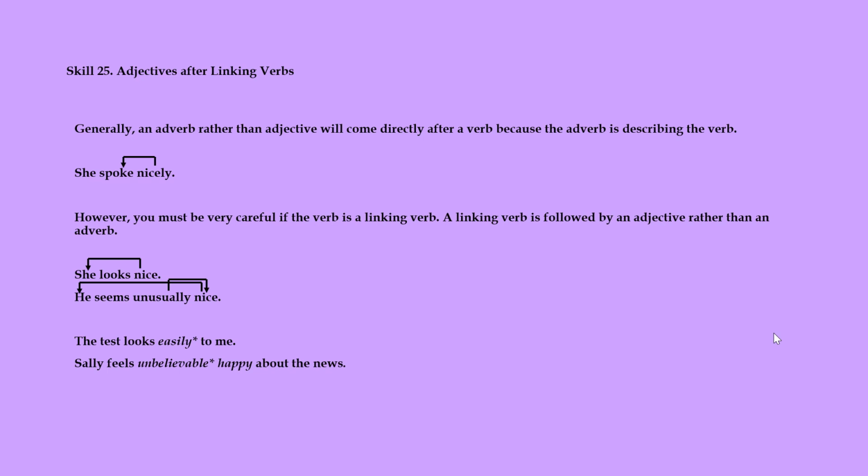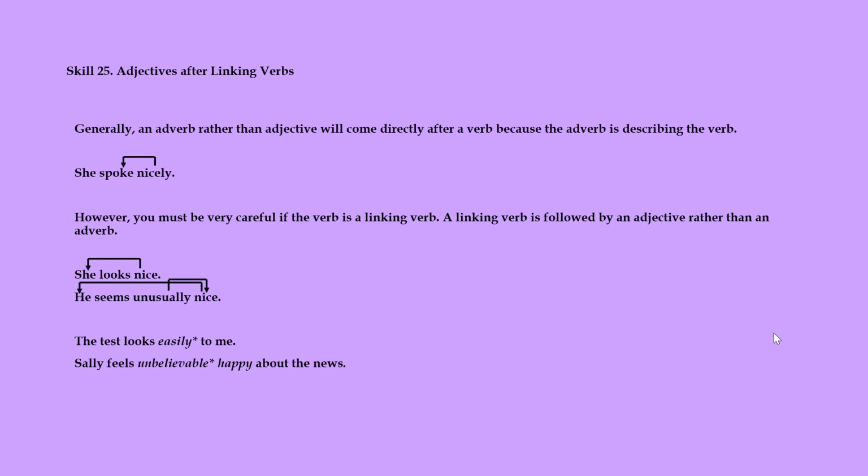For the second example, he seems unusually nice. Seems is a verb. Can it be replaced by to be? For example, he is unusually nice. Yes, it is still a correct sentence. So seems is considered a linking verb.